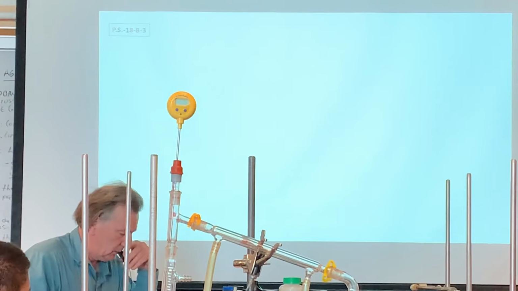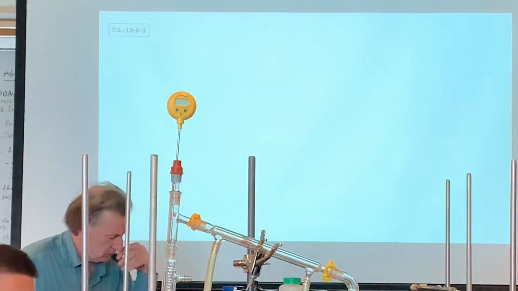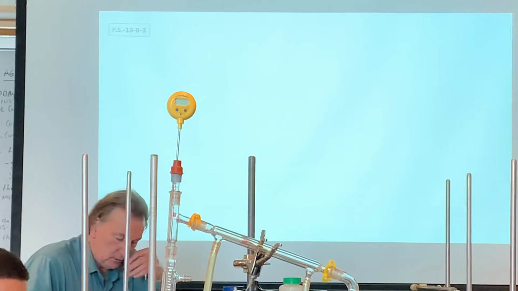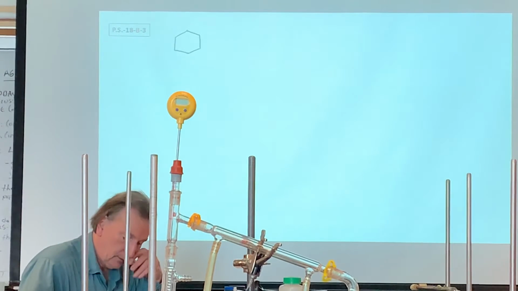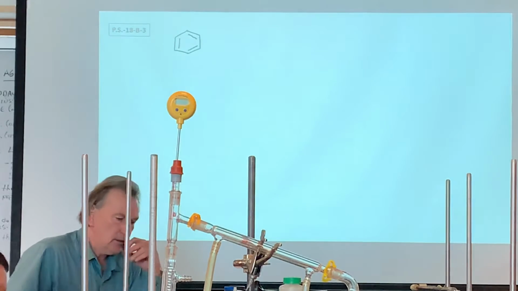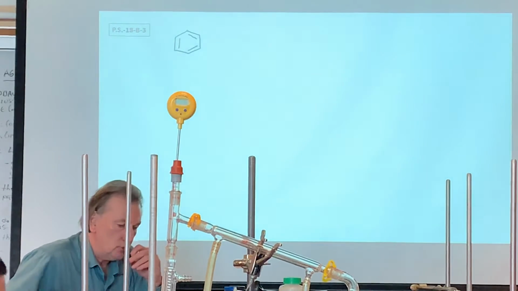So now we're going to use this molecule. Here's a benzene ring, but it says to use one bromo.